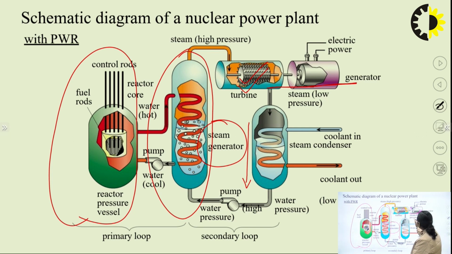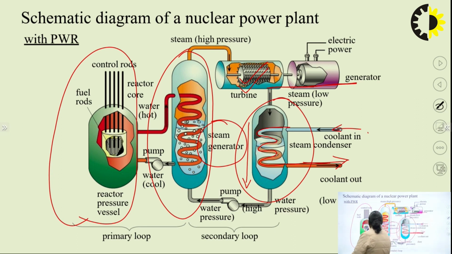For condensing the steam, for cooling down the steam and converting it back to the water, some coolant is required, right? So here you can see the flow of coolant in this vessel so as to condense the steam.